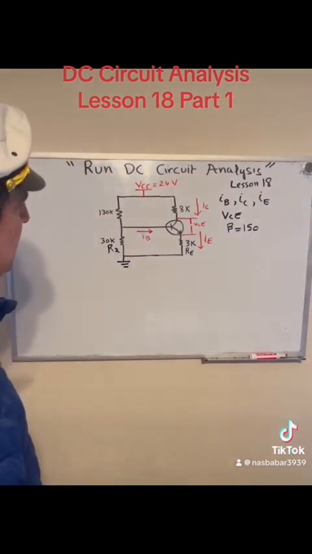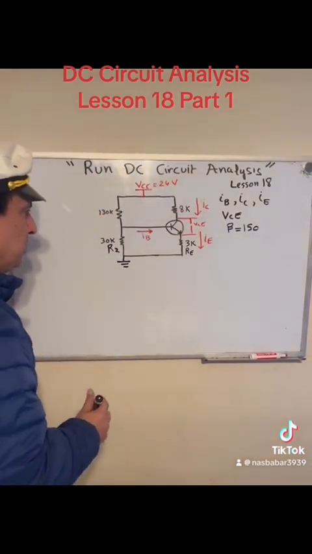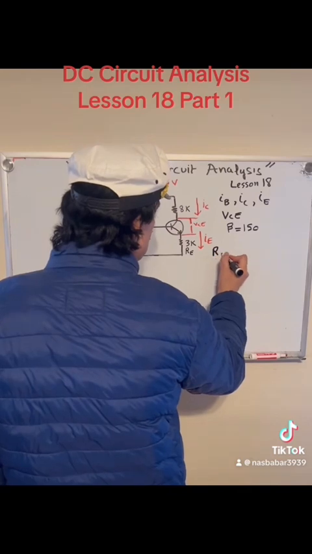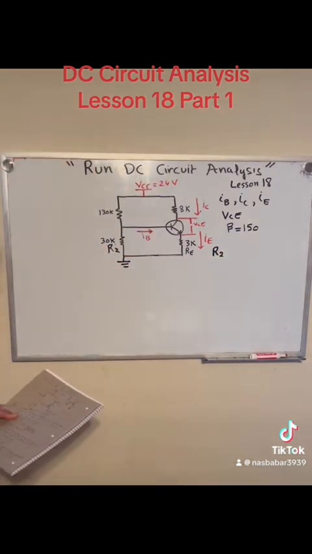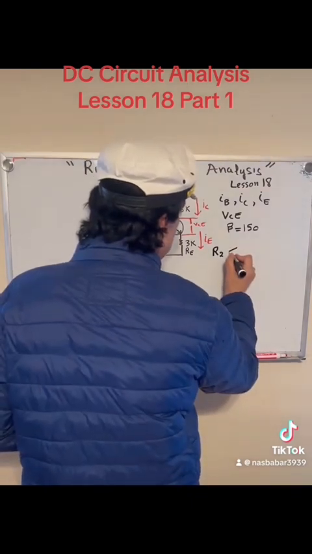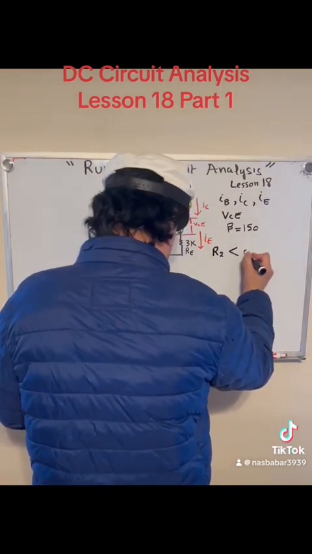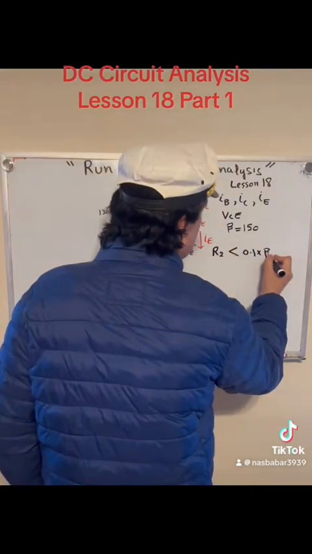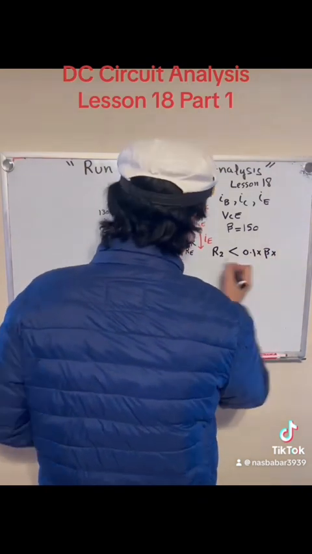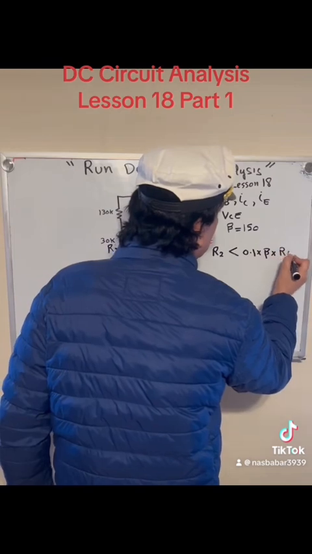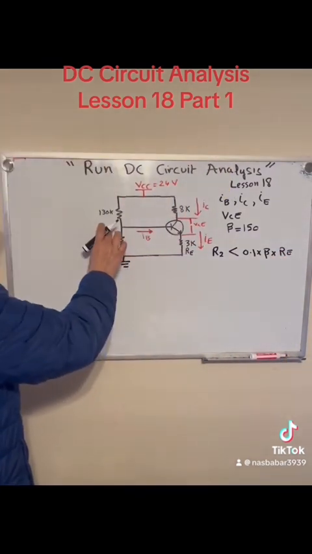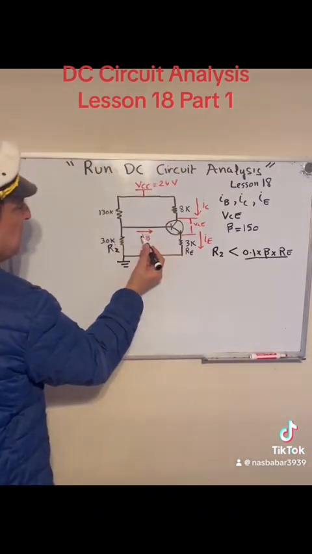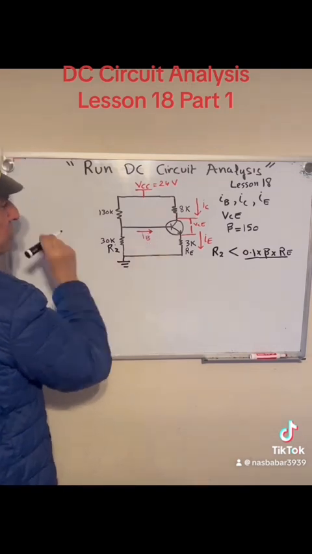The first assumption is that if your R2, which is the resistor right here, is less than 0.1 times beta, which is the gain, times RE, the resistor at RE, then we can assume that there is negligible base current going in this direction.